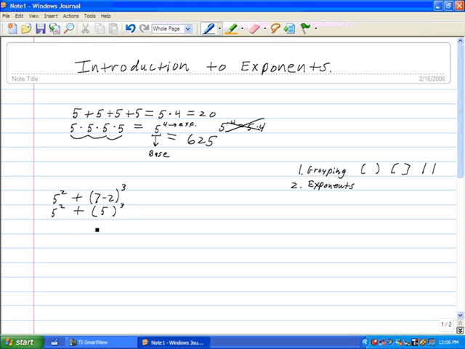Now, for your exponents, 5 squared is 25, and 5 to the third power is 125. And when you add these, you get 150. And again, on the calculator, if you can simply get it typed in the way it looks on paper, your calculator knows the order of operations and will follow them.